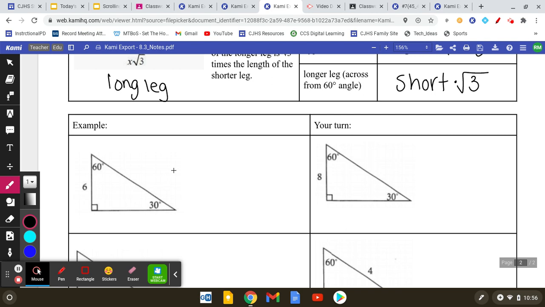So first of all, our short side we already have, right? We already have the short leg. It is 6. So, how do we find the hypotenuse? 12. Multiply it by 2. So 6 times 2 is 12. Good. And then we need to find the long leg. How are we going to find the long leg? Yeah, multiply the short leg by square root 3.